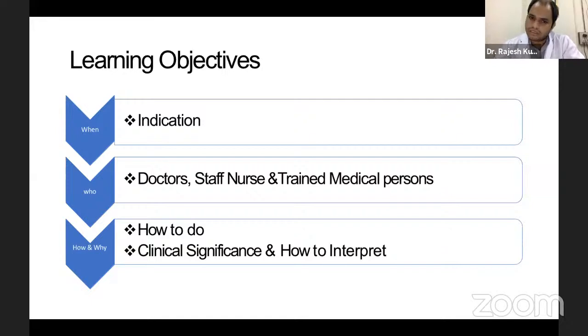So by doing a simple ABG testing, but just doing ABG testing is not enough; interpretation of ABG is much more important than just doing it. Every clinician or physician who is working in the ICU should have proper knowledge of basic interpretation of an ABG.